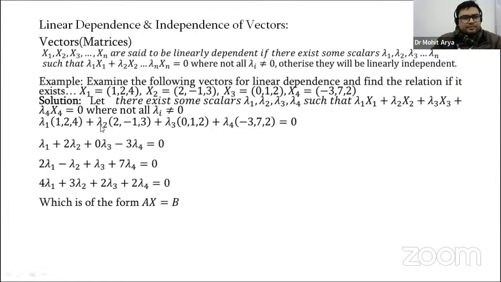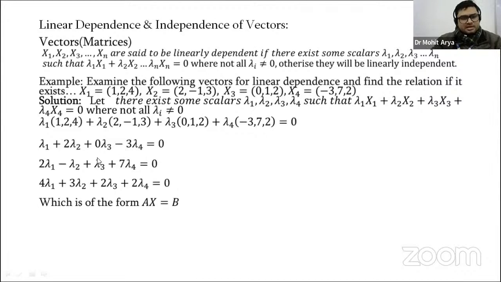Another will be lambda 2 multiplied by 2, the first element of the vector x2, so that will be 2 lambda 2. Similarly, multiplying lambda 3 with the first element of the vector x3, we get 0 multiplied by lambda 3, and multiplying the first element by lambda 4, we get minus 3 lambda 4. Similarly, we will form the system of equations.